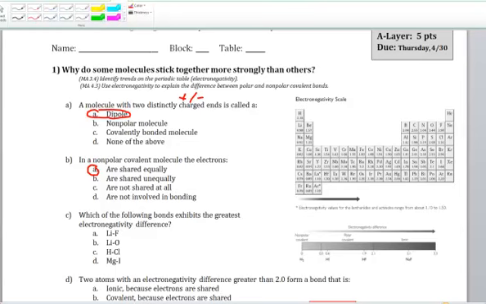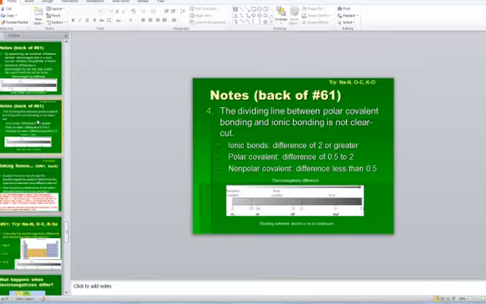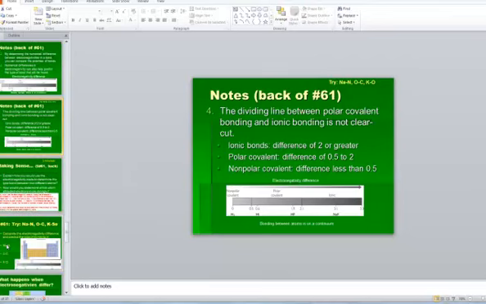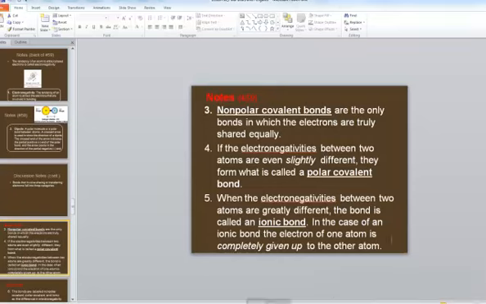And if we look here, we see it right here. And we also see it right here, where the electrons are shared equally. When they're shared unequally, then we have polar covalent bonds.